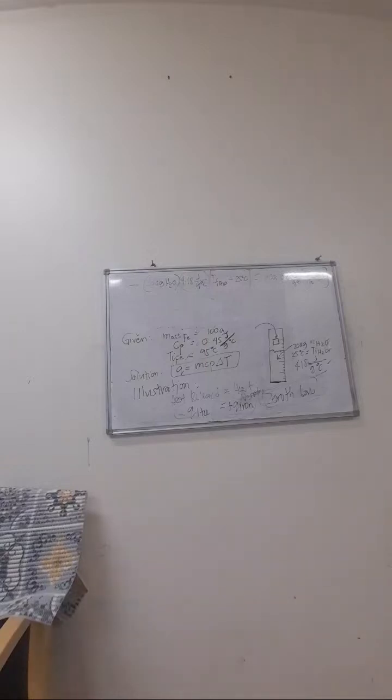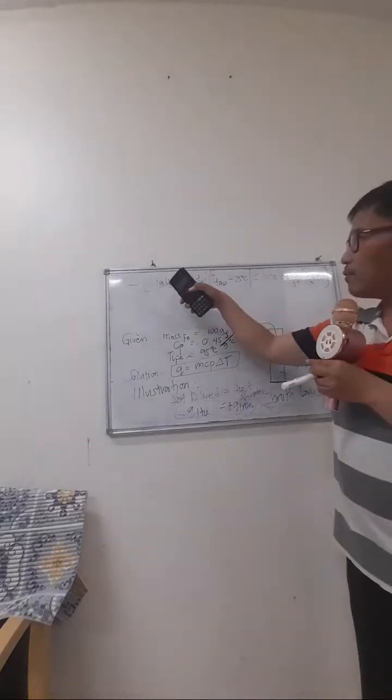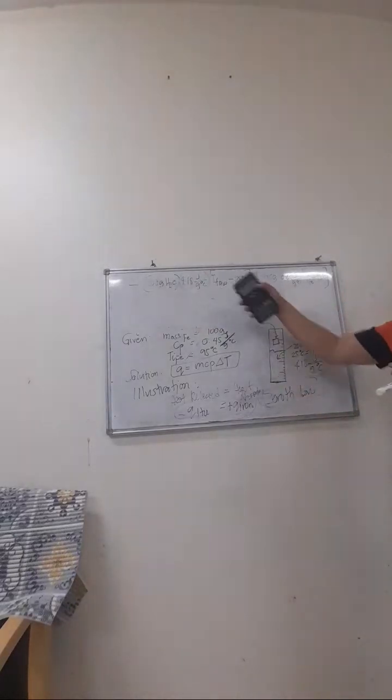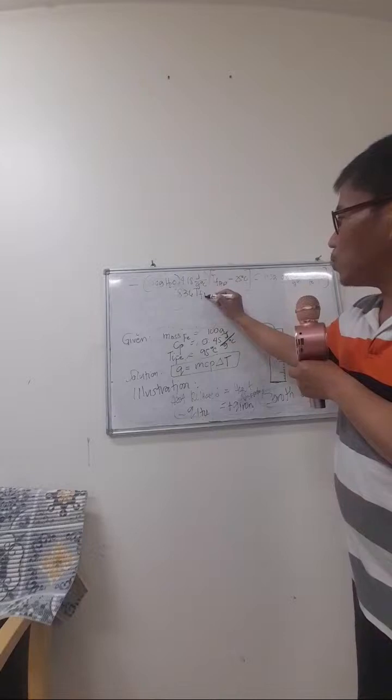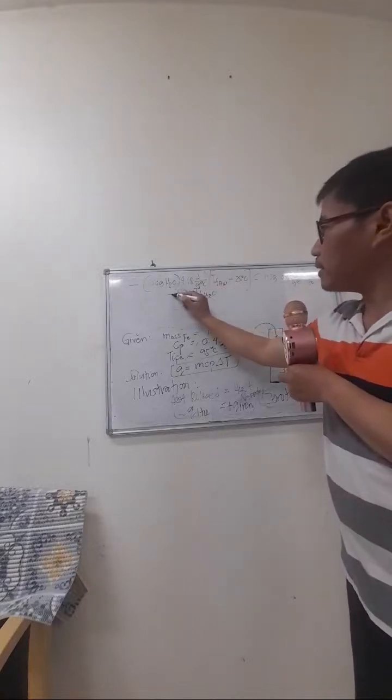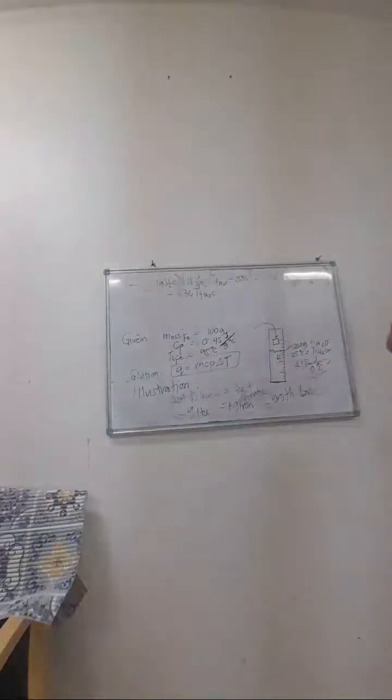This is distribution multiplication in math. 200 times 4.18 times T_f H2O. So 200 times 4.18 is equal to 836 T_f H2O, negative because there's a negative sign here.